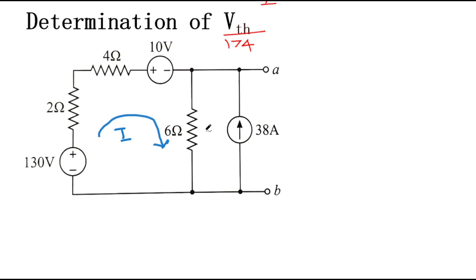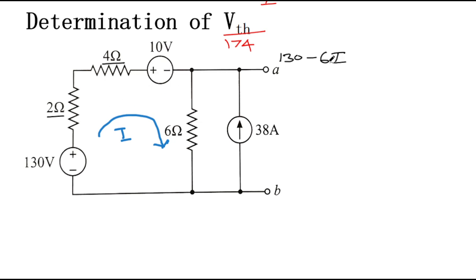Writing this equation will give you 130 volt, right? Let us write the potential rise as a plus, then this is a 2I, this is a 4I, so it will become minus 6I.